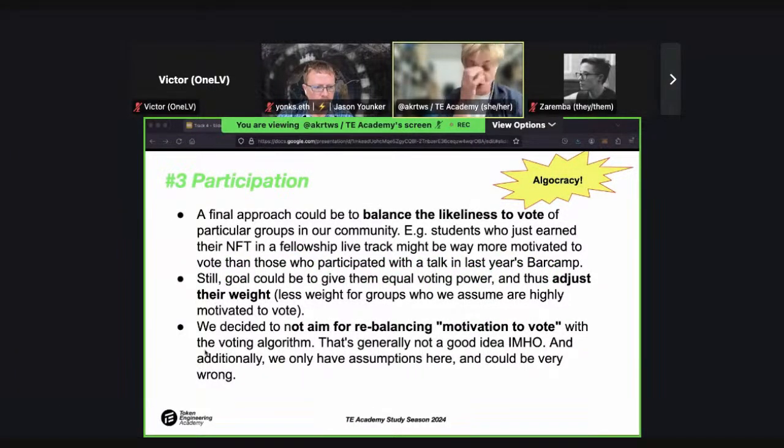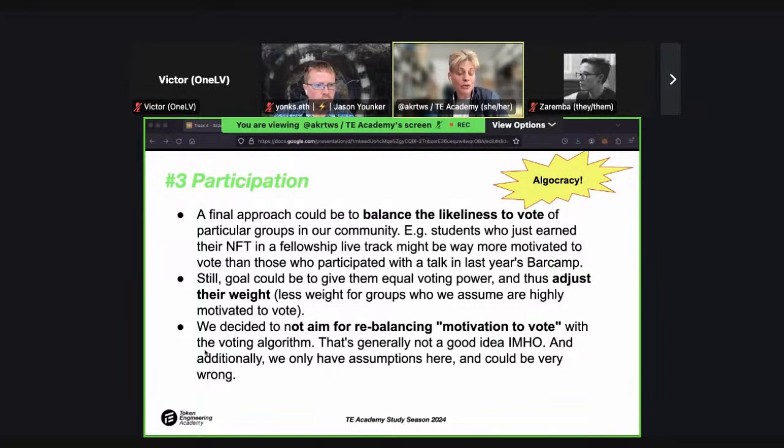A final approach that came up is we could balance the likeliness to vote for particular groups in our community via a weight, meaning students who just earned their NFT in a fellowship live track might be way more motivated to take part in the voting than those who maybe participated with a talk in last year's bar camp and since then, I don't know, haven't been active in token engineering anymore.